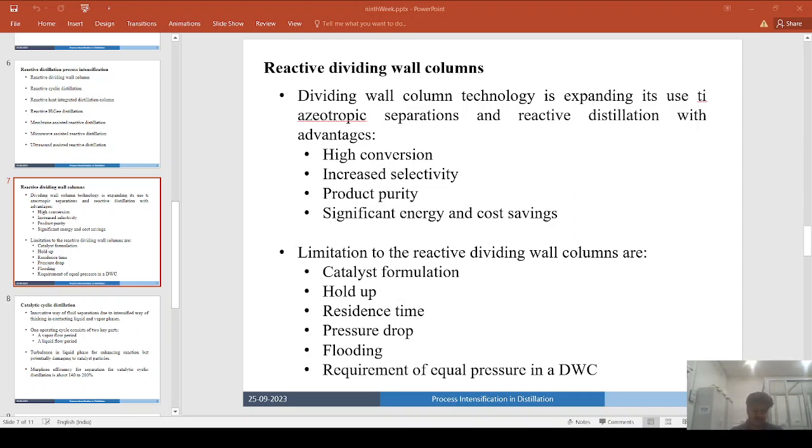That is why many researchers are looking towards the intensification of reactive dividing wall columns, because it has a very strong potential to improve the production yield, and save about 15 to 75% of the energy usage and over about 20% in the capital costs as compared to the conventional processes.